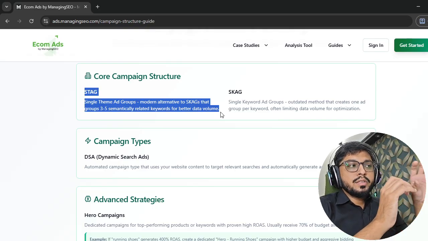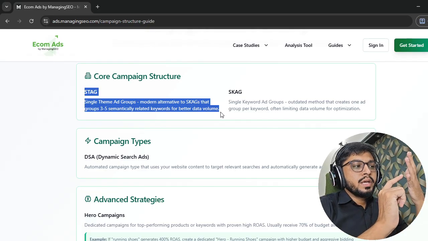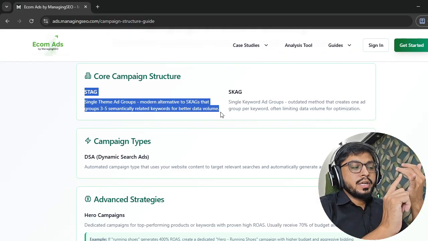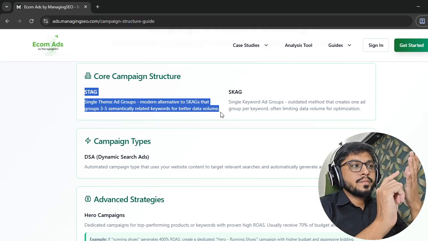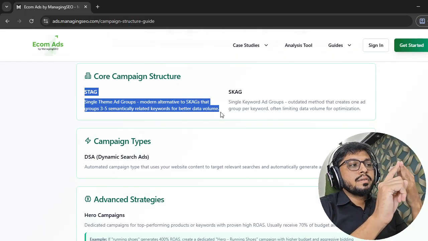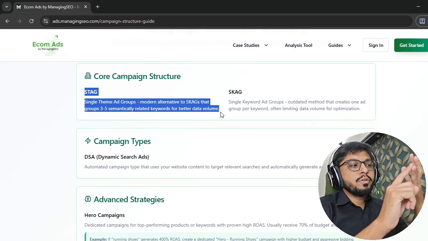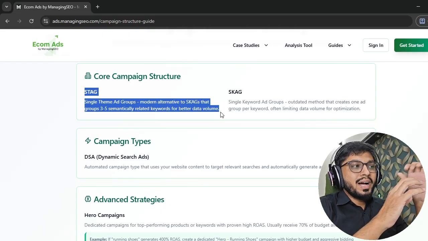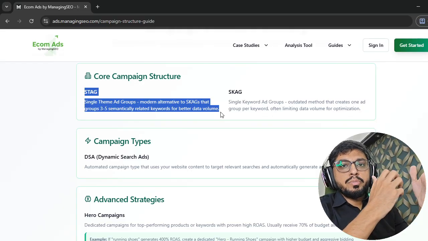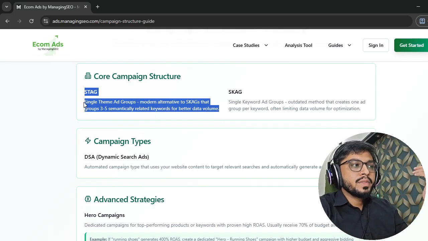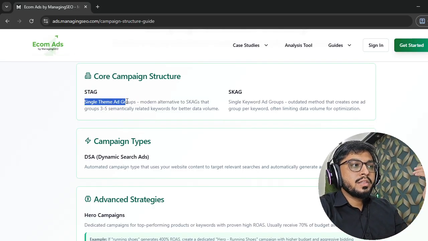Then the structure of the campaign can be: in the ad groups I'm adding pants and shirts and ties and things like that for men, and I have the campaign name as men. For women, again I'm going to create a few ad groups related to the product categories. That's what I mean by using the single theme ad group.